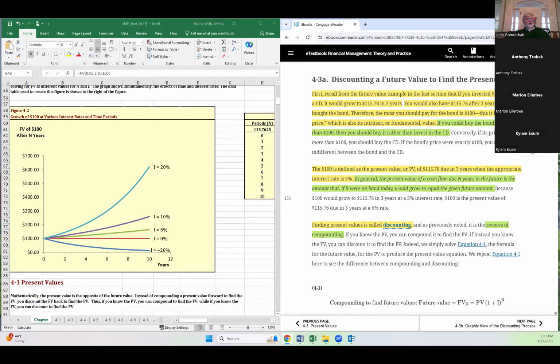And if you remember from the mini case, when you did that calculation, I believe the promissory note ended up having a present value of like $917 or something like that. Well, that $917 was greater than the $850 that you had in your bank account. So it was worth more money.